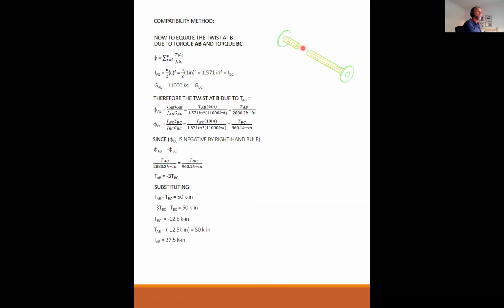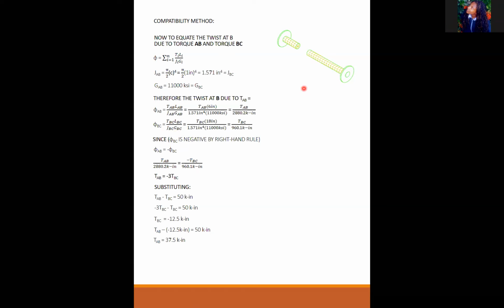So that means the twist that I find from this equation is the total twist at B. If I apply the equation here, then if I used phi BC is equal to just the torque BC, LBC, over JBC, GBC, what number would I get? I would get minus 0.03, whatever that number was. Why would I get that number? Because that number would be the twist relative to B. Is this making sense?